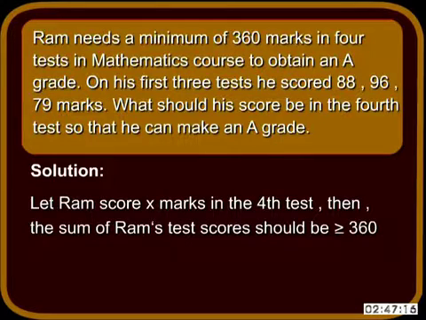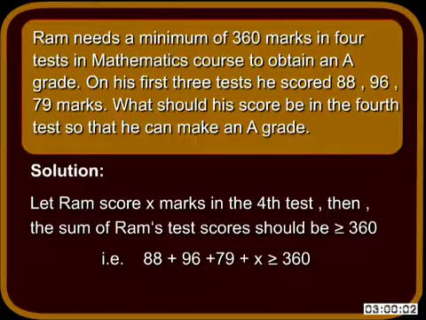Let Ram score x marks in the 4th test. Then the sum of Ram's test scores should be greater than or equal to 360. That is, 88 + 96 + 79 + x ≥ 360.